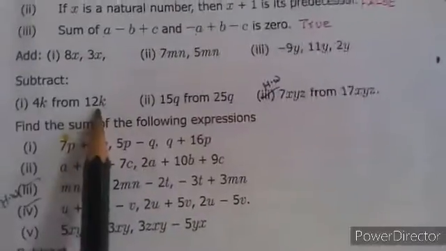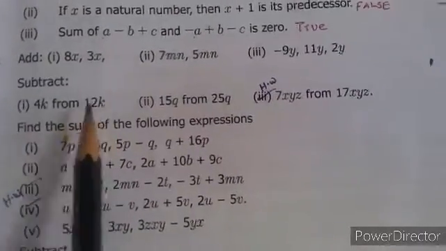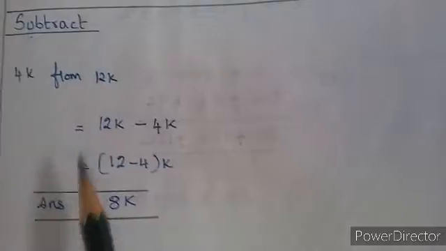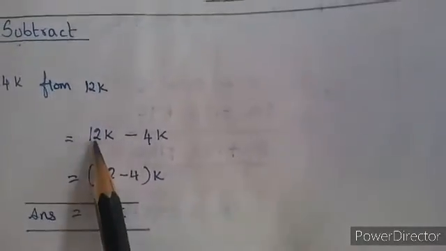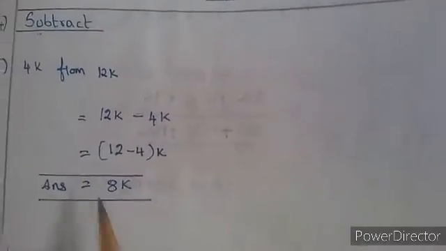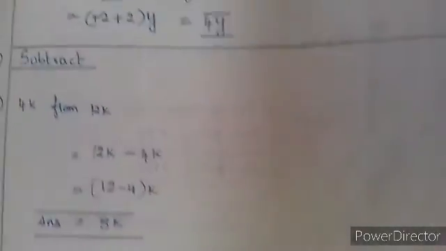So the variables are the same, so we can subtract these two terms. So 12k minus 4k. 12 minus 4 is 8 and the given variable is k. Your answer is 8k.